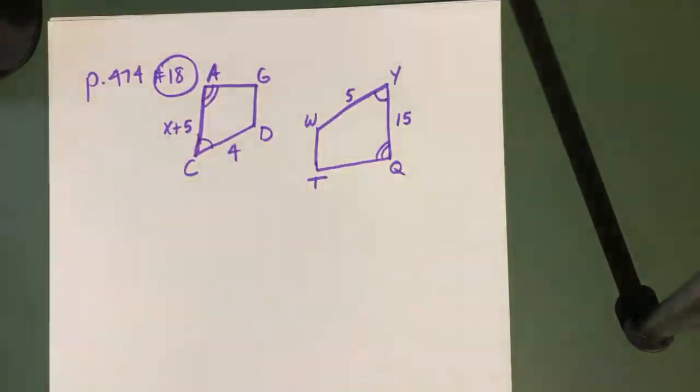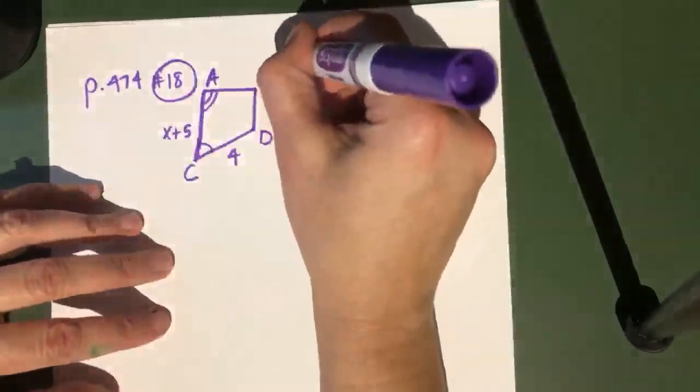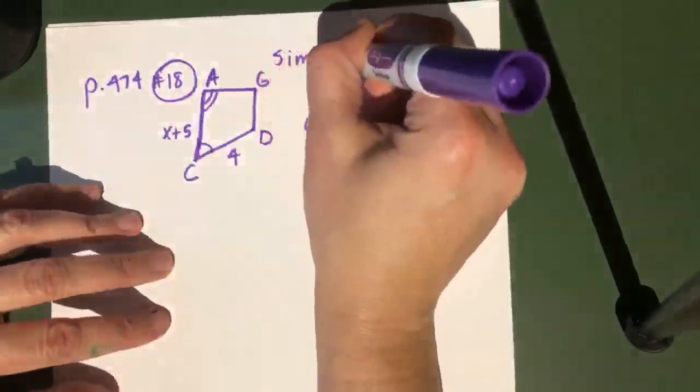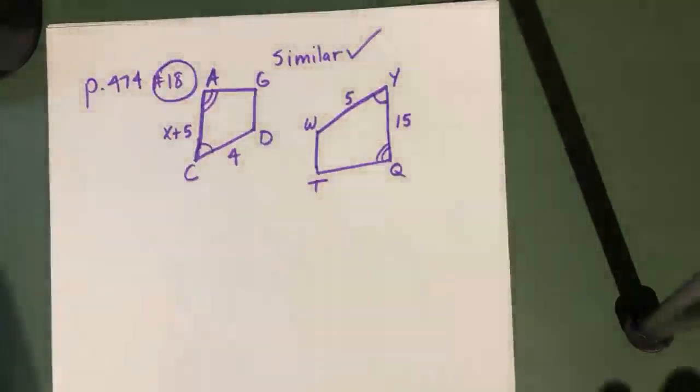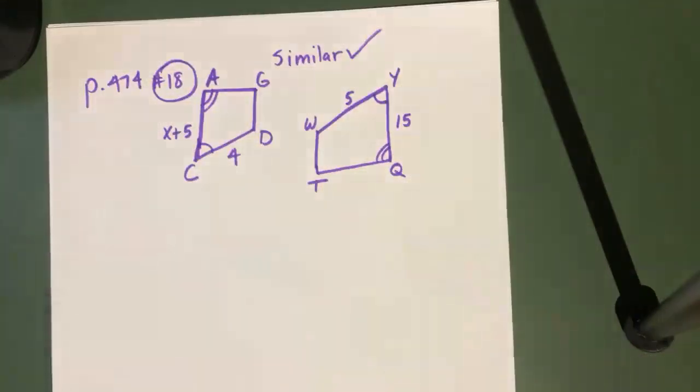Okay. So they tell you in the instructions that these are similar. So I already know that they are similar. Check. They're similar. I know they are. Okay? So based on the information that they provide you here, you can't really find any other angles. So we're going to use what we have. Okay?